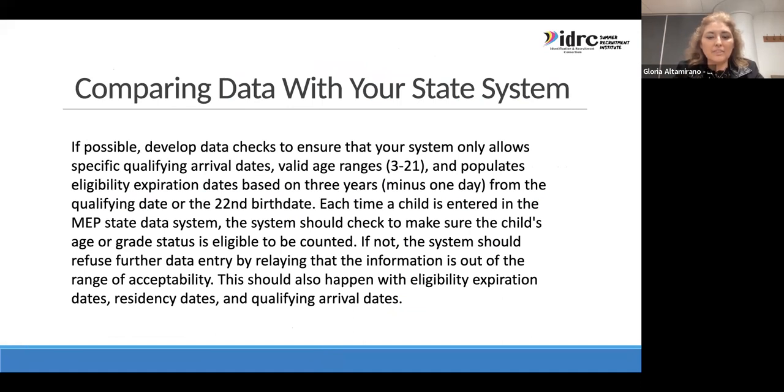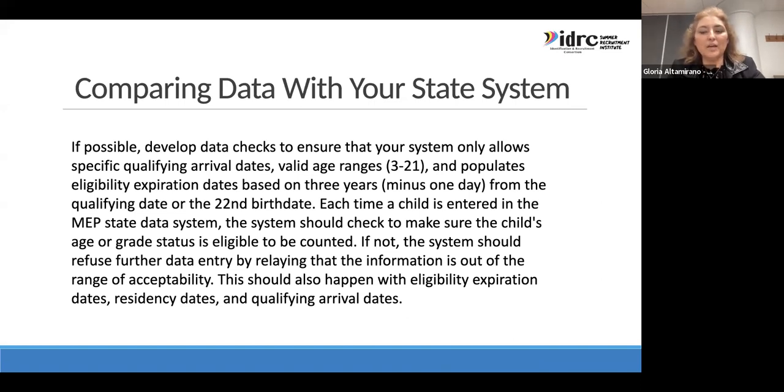And then, of course, just remember, because this was something where we had to correct our electronic COE: at first it had populated the date of end of eligibility to be the same date as when they were identified. But actually the eligibility expiration date, which is based on 3 years, is minus 1 day. So you have to make sure that you're looking at that minus 1 day from the qualifying date or the 22nd birthday.